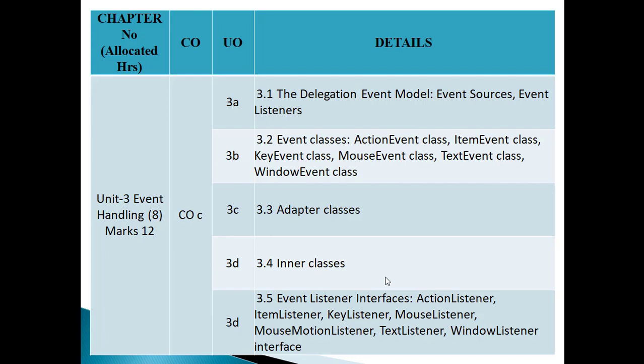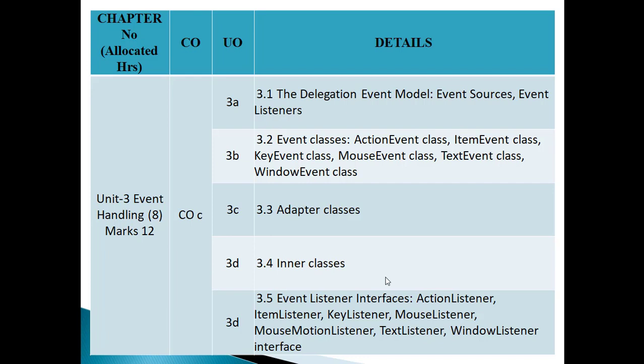In AWT or Swing, we have studied a number of controls, and some controls generate some type of event. The control that generates the event is called the source. And event listeners are the controls or objects which can listen to an event.